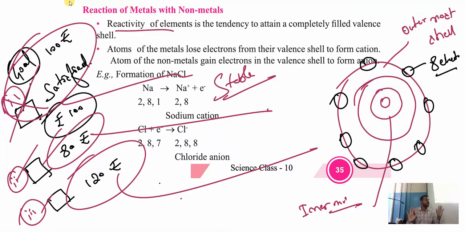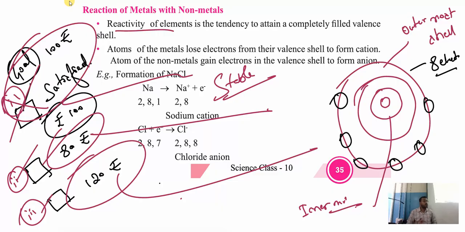So they are called stable. They are stable gases. They are noble gases. Understood? Yes, sir.